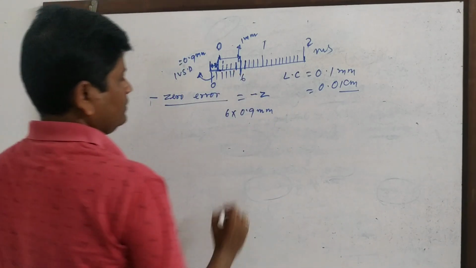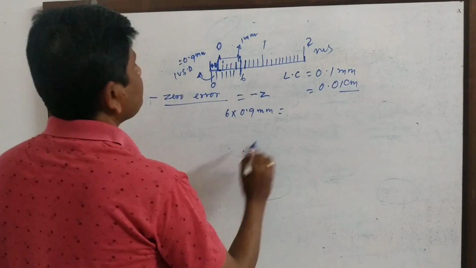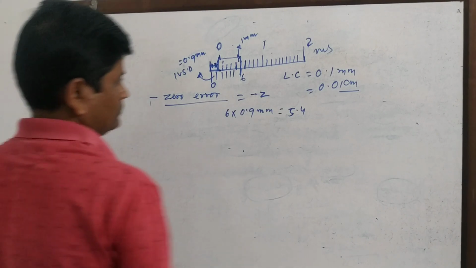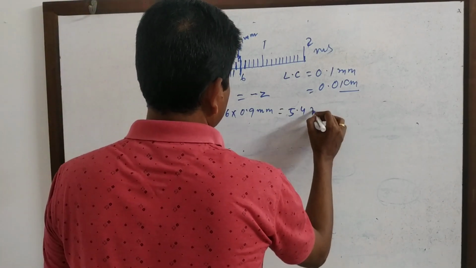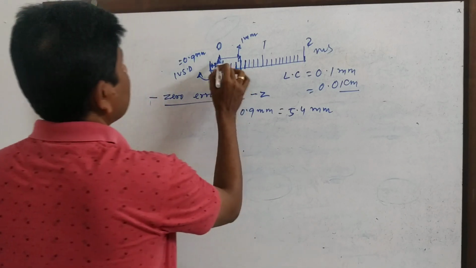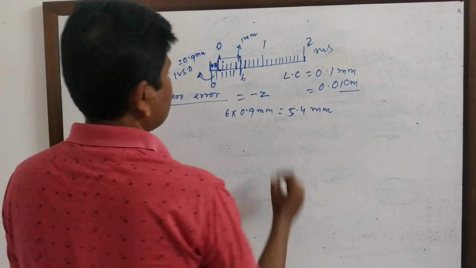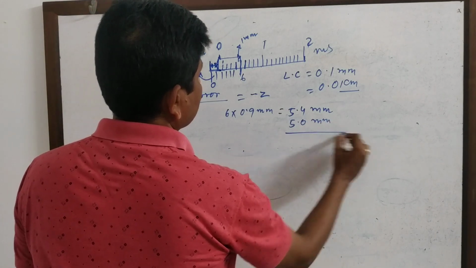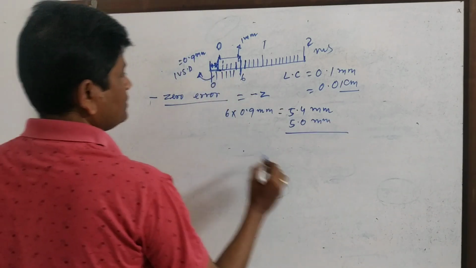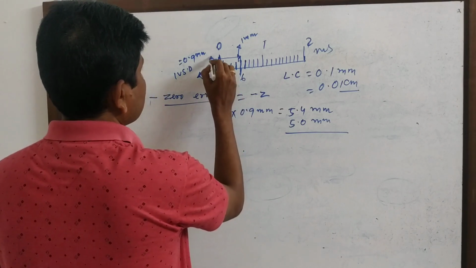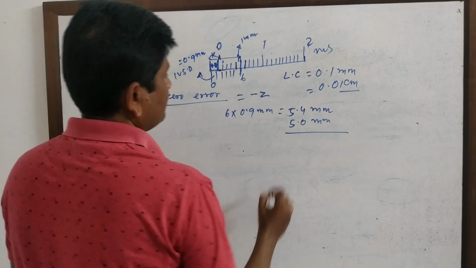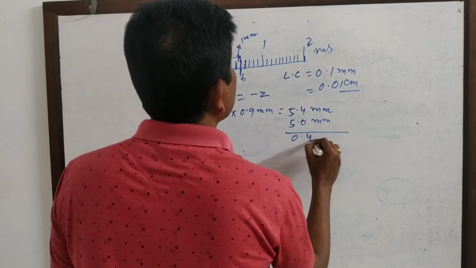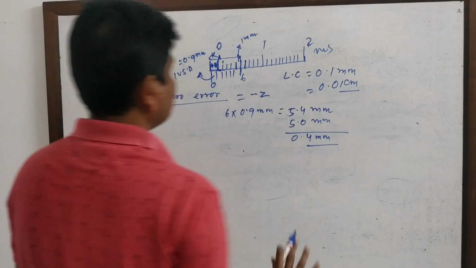Then this is 5.4 mm, and this much distance is 5.0 mm. Now this distance, this is r, this r distance is 0.4 mm, okay.